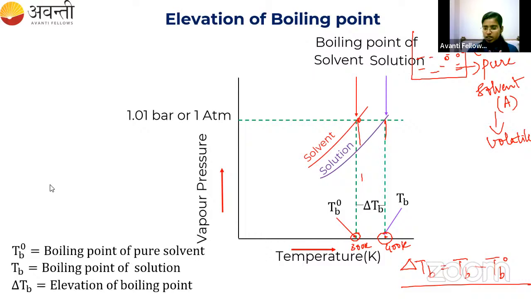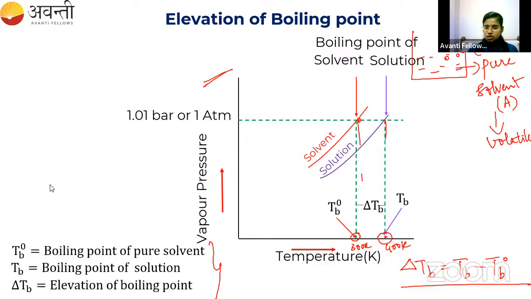Do any of you have any doubt from the concept and the graph which we have discussed? Are you all clear with the terms TB naught, TB, and delta TB? It should be very, very clear. Do not have any confusion. If I put 0 in the superscript, then it denotes the pure component, which is the solvent.